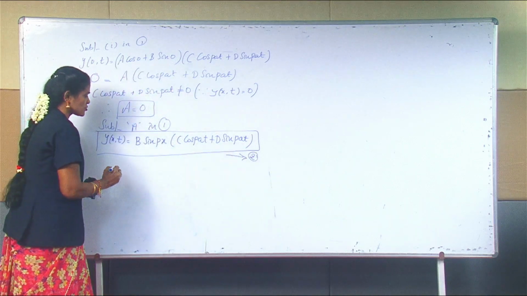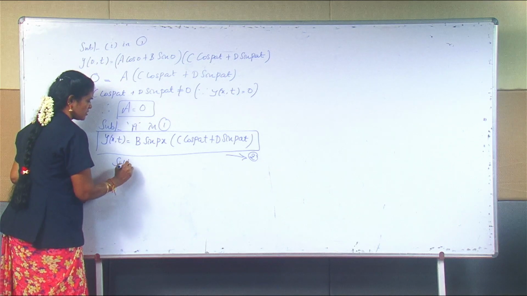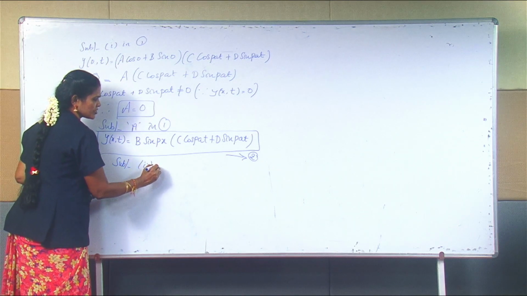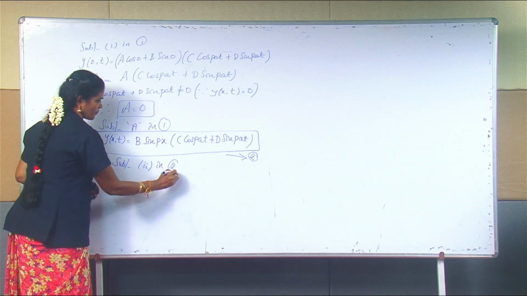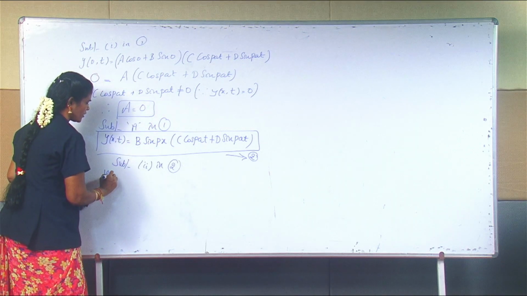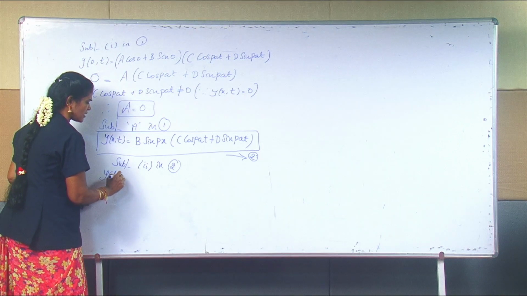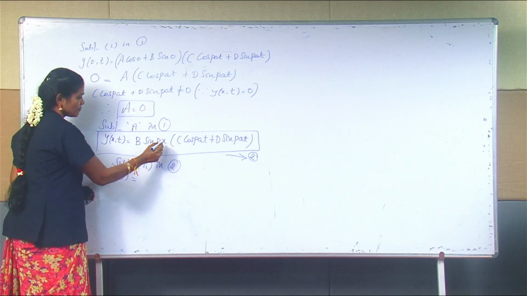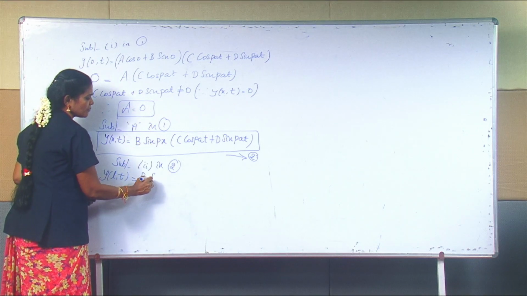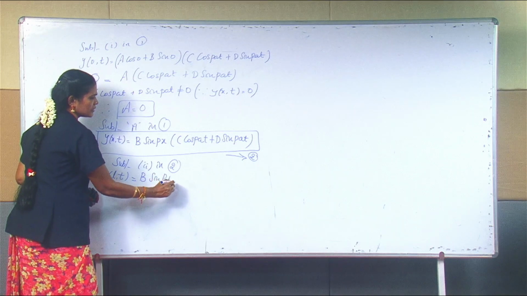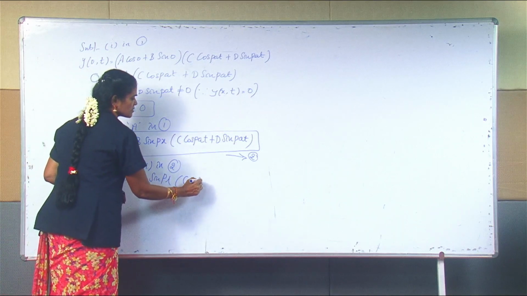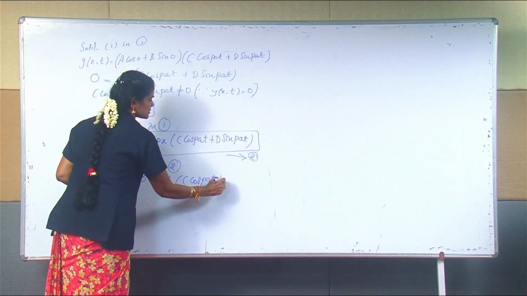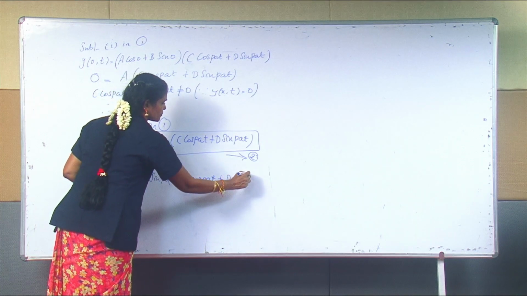Next, you have to substitute the second boundary condition in equation 2. The boundary condition is y of L comma t, so in the place of x you substitute L. It becomes b sin pL into (c cos pat plus d sin pat).